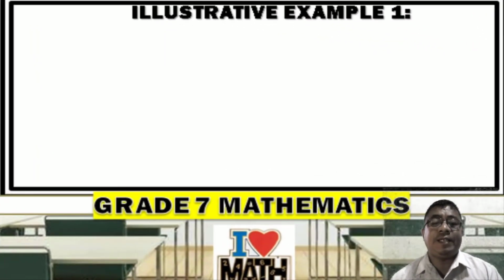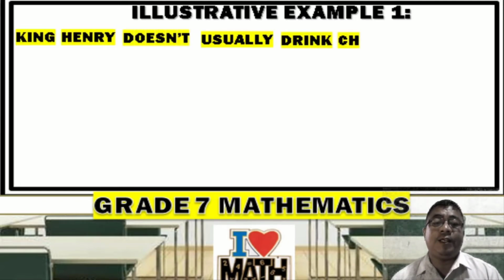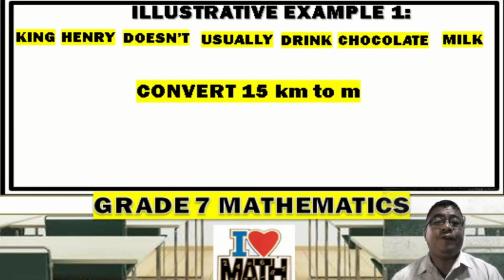Consider illustrative example number 1. We're going to use the mnemonic device in converting a metric unit to another metric unit. So we have King Henry doesn't usually drink chocolate milk. Convert 15 kilometer to meter.